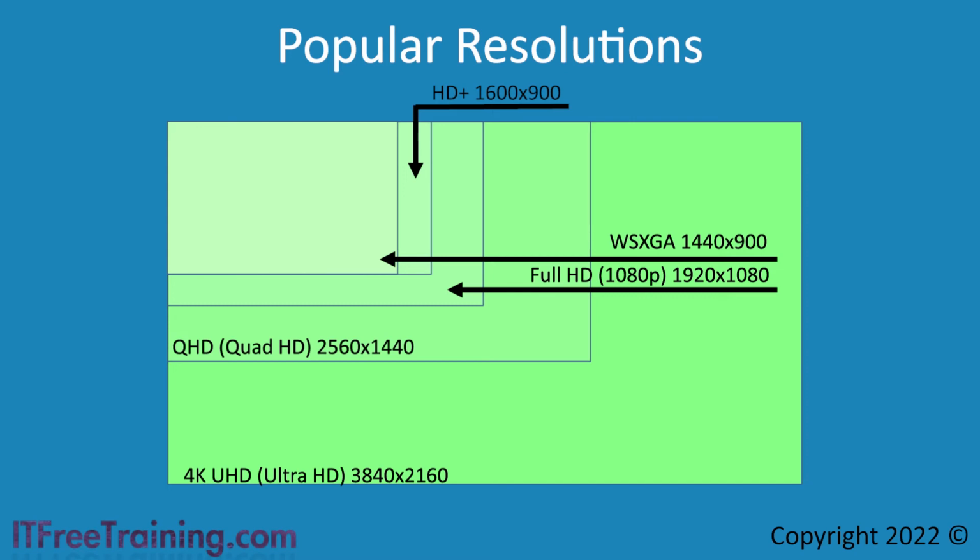As resolutions started getting higher, different abbreviations started to be used, like this one. The problem was that every resolution had its own abbreviation, and they are not easy to remember. Usually when I see an abbreviation like this, I do a search to find out what it means and what resolution it supports. You can see why industry started going for 1080p and 4K. These are just easier to remember and give you an idea of what resolution the screen supports.